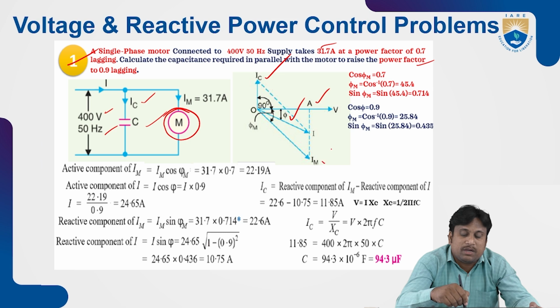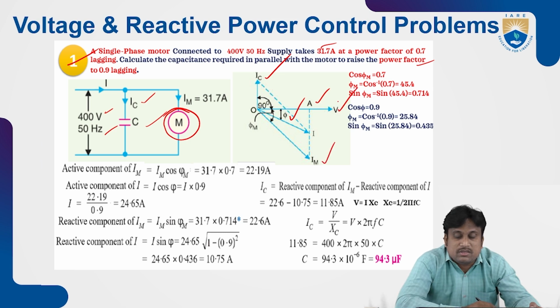This is the reference voltage. With this, cos phi m is 0.7 and we can calculate phi m as cos inverse of 0.7, that is 45.4 degrees, and sin phi m is 0.714.